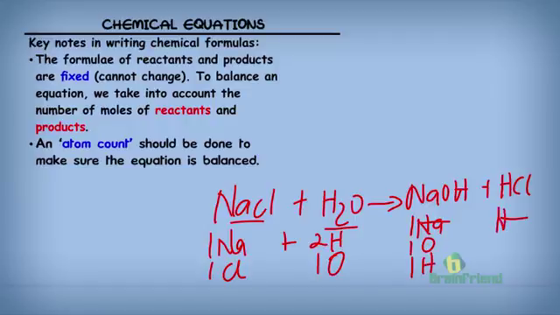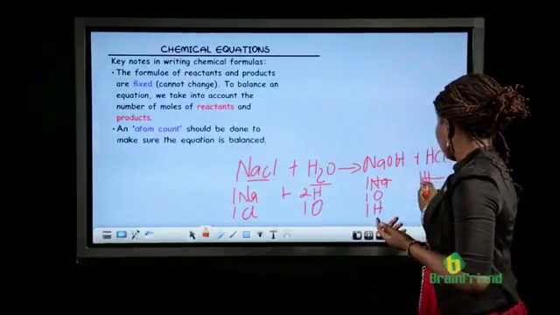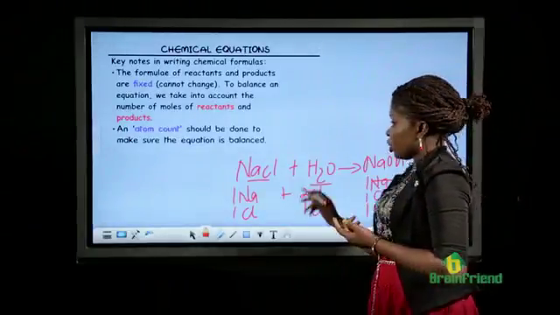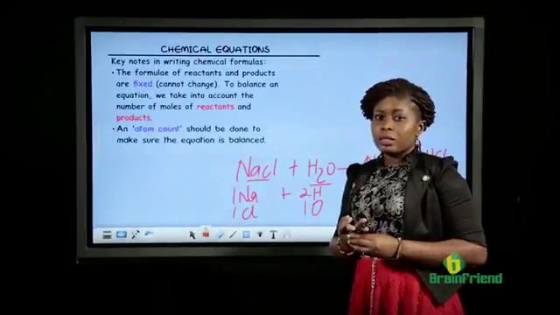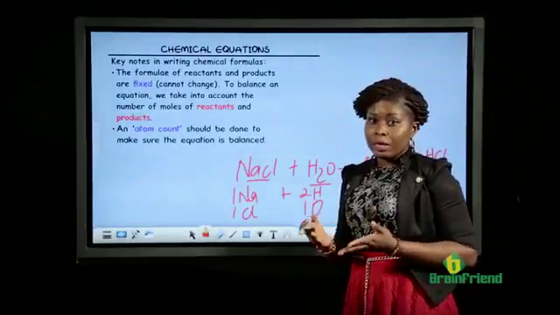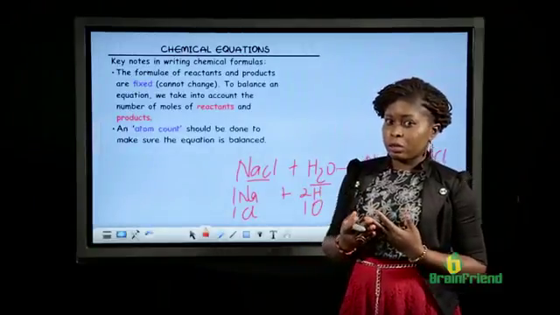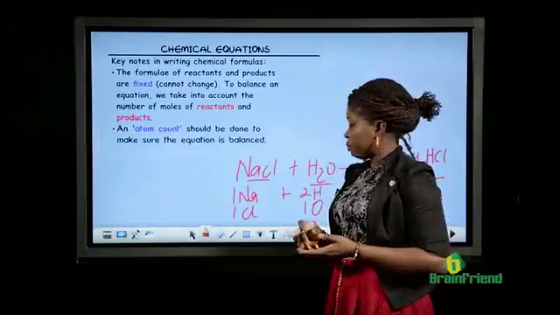Then we have 1 atom of hydrogen here and 1 chlorine. So it's balanced. We have 2 here, and 1 plus 1 is 2. So this equation is balanced. We always do an atom count to make sure that our equations are balanced whenever we write chemical equations.